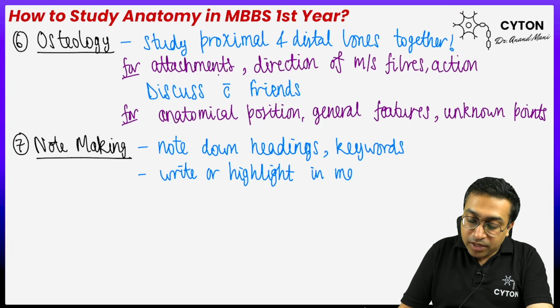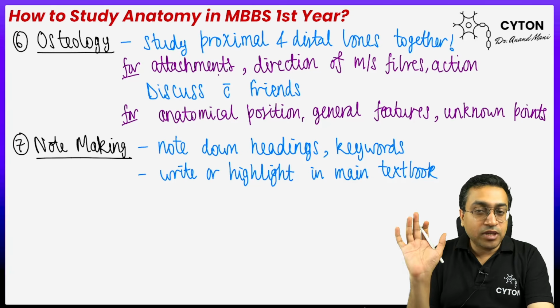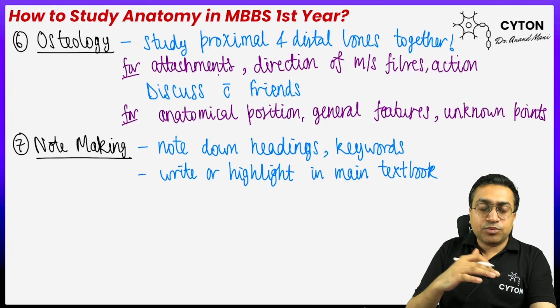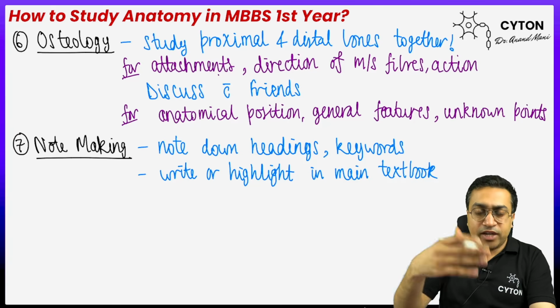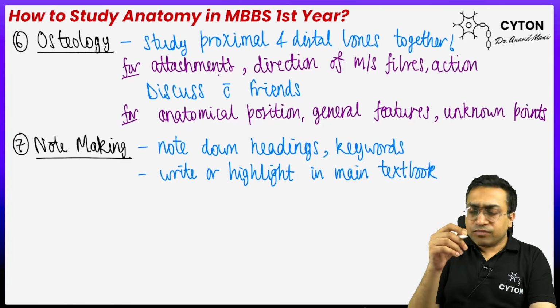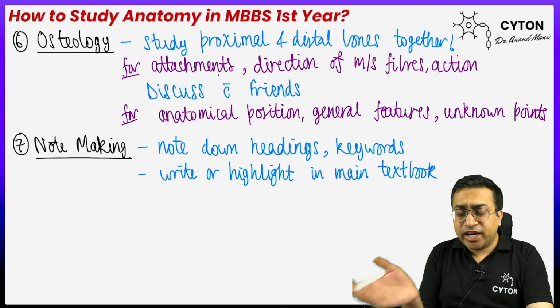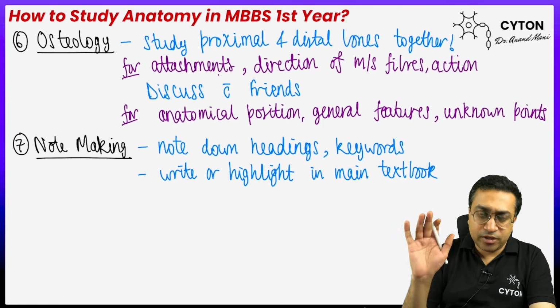Keep one textbook as your main. Suppose you are following Vishram Singh Anatomy, then keep adding everything you get from other sources into that textbook. I used to add A4 size sheets. That way, at night before the exam, you just have to remember that single textbook including everything.